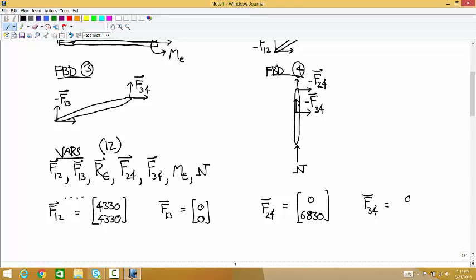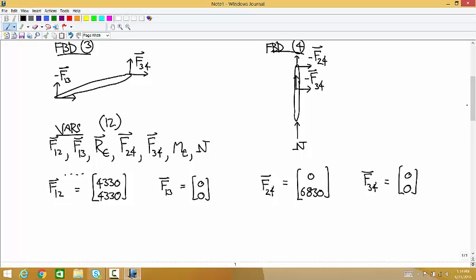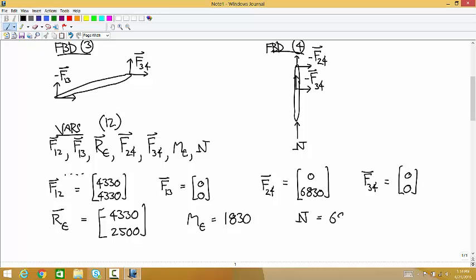F34 is 0, 0. RE is negative 4330, positive 2500. ME is positive 1830, and N is 6830.